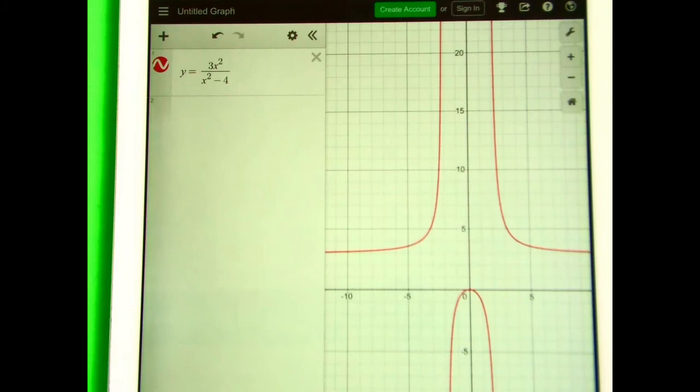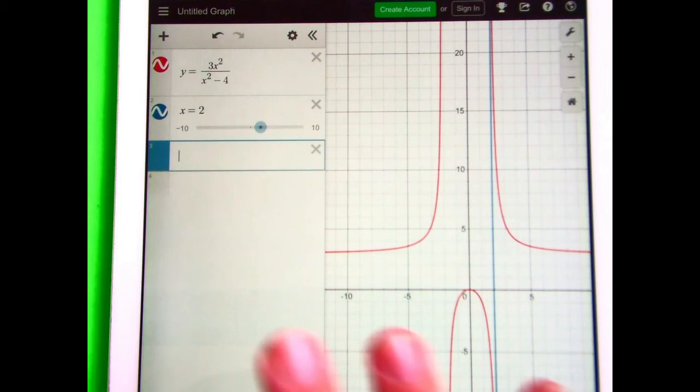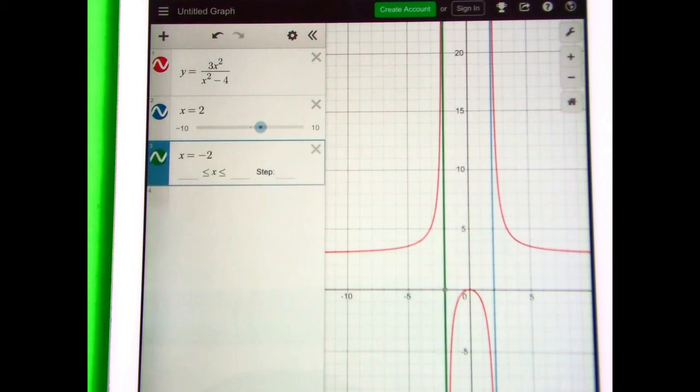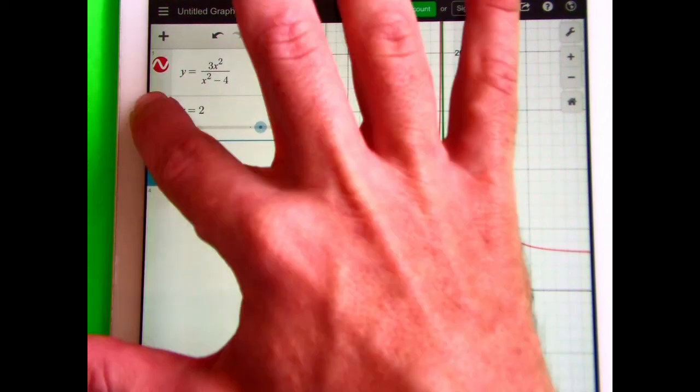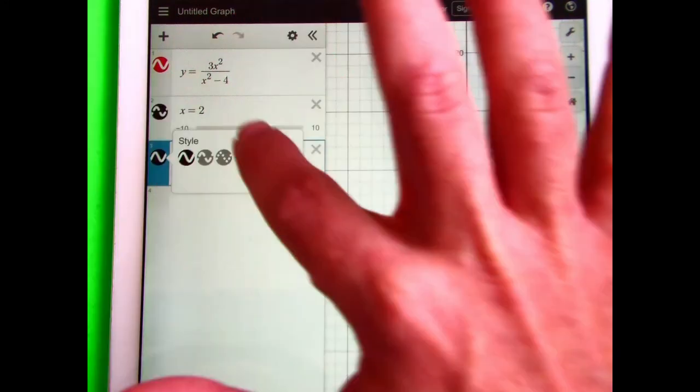So one equation is x equals 2. That was one of our vertical asymptotes. We could also put in x equals negative 2. And we could also put in y equals 3. And on Desmos, I'm also going to change the color to black and dotted for those asymptotes.